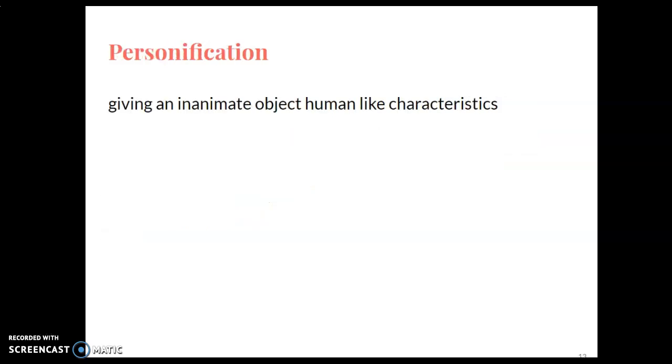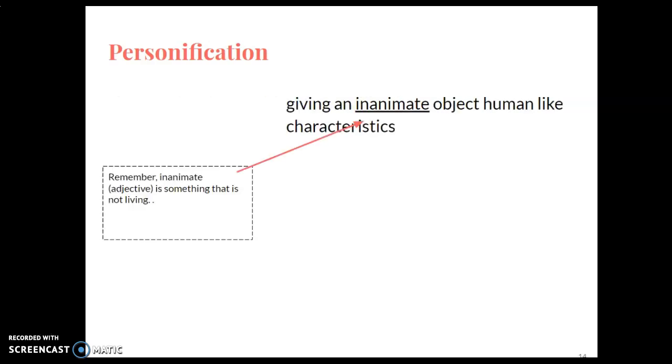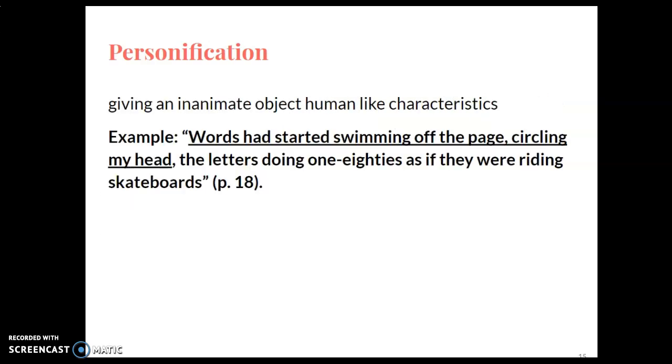Our next term is going to be personification. Personification is giving an inanimate object human-like characteristics. Now remember, inanimate is something that is not living. For example, on page 18 it says, words had started swimming off the page, circling my head.